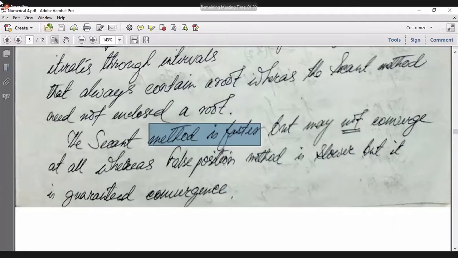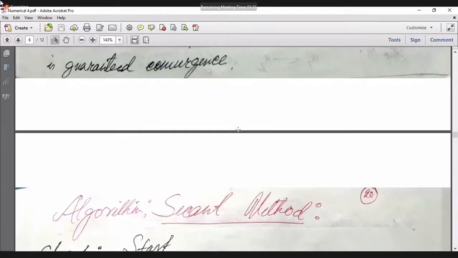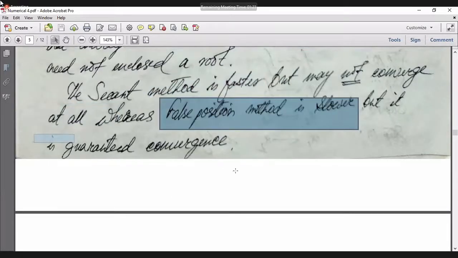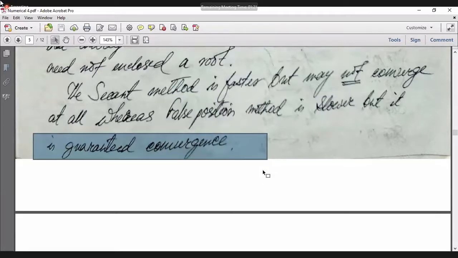So very easily you can check it by just checking the number of iterations. The second method is faster, but it may not converge to all the roots. Whereas the false position method is slower, but it guarantees convergence. Means at least if you are using the false position method, definitely you can get the root. But if you are using the second method, that doesn't guarantee that you will get the root. Yeah, there is some difference here.